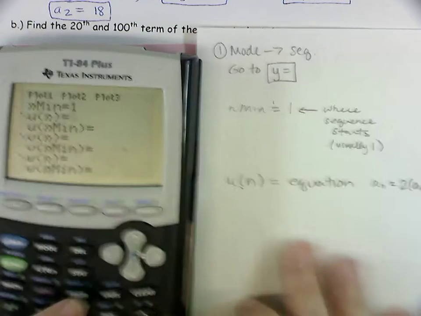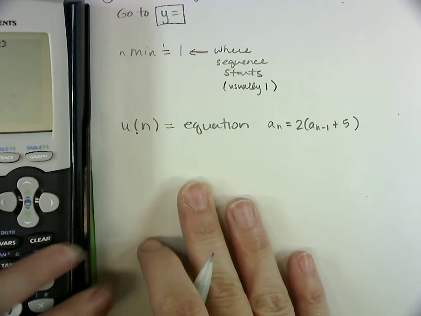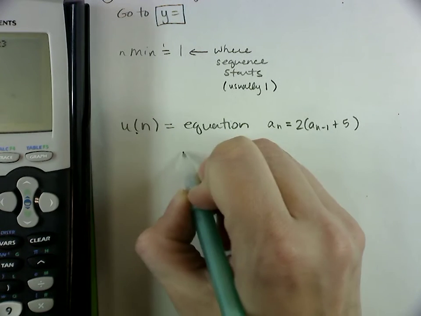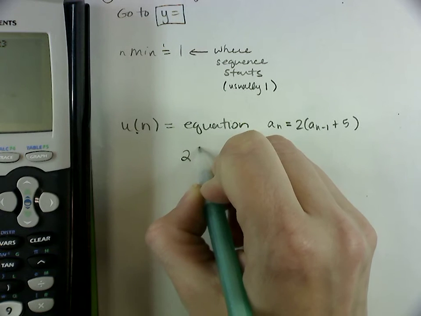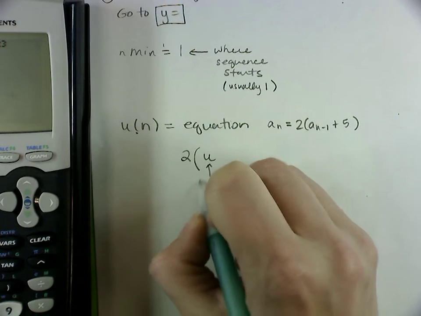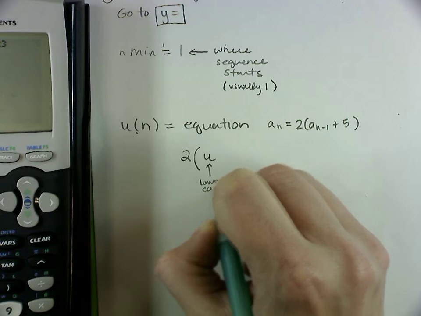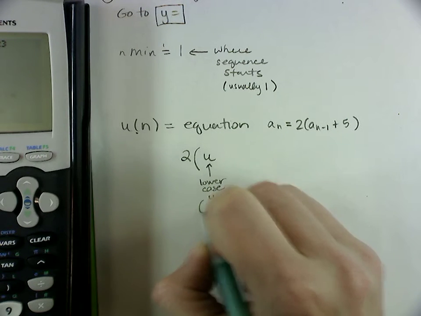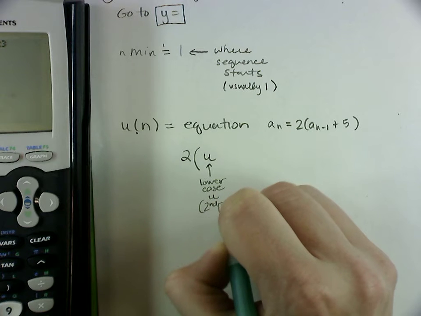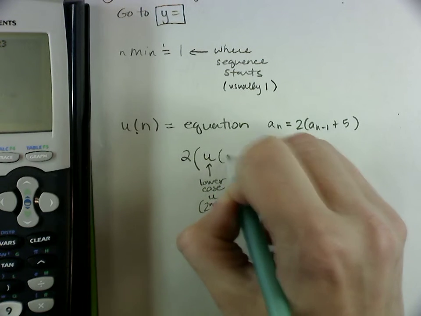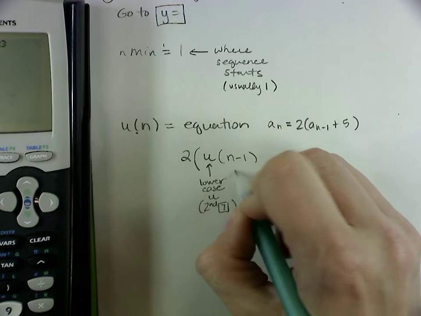I'm going to show you how to enter that on your calculator. You would do 2 and then parentheses, and you're going to do a u. This is a lowercase u, and you can find it by doing second and then the 7 button. And then in parentheses, n minus 1.